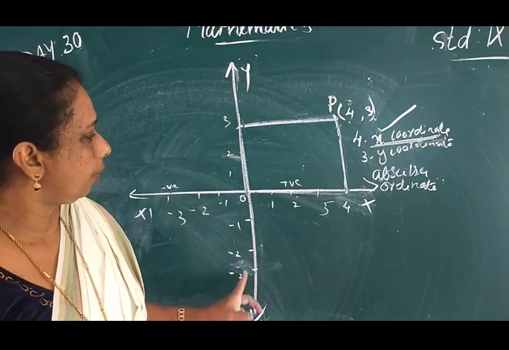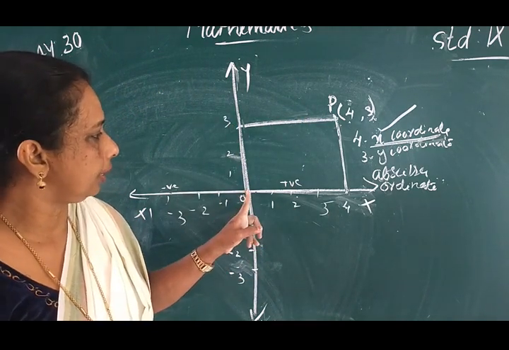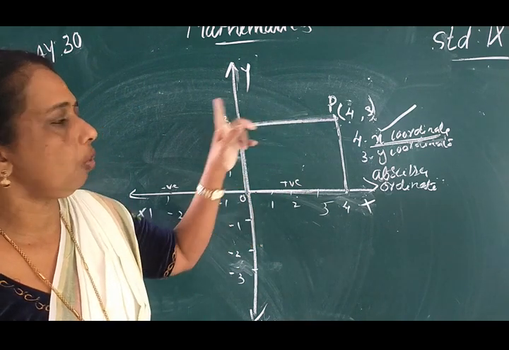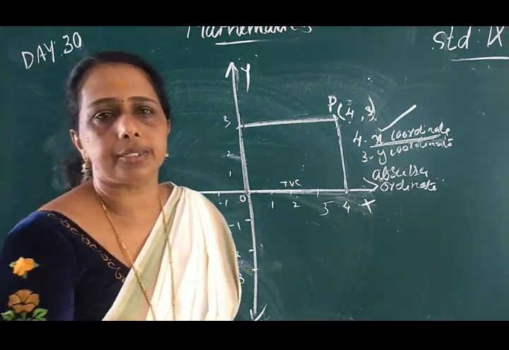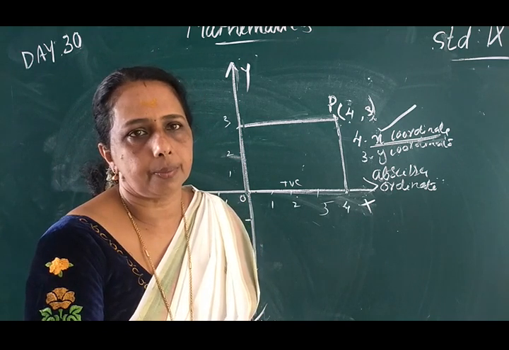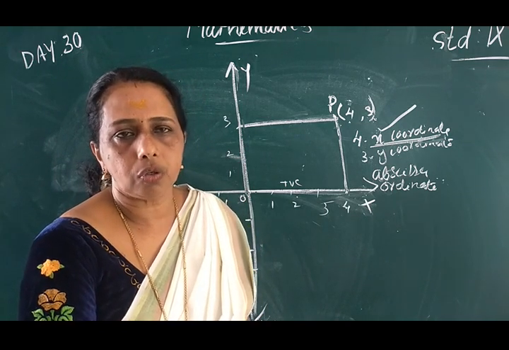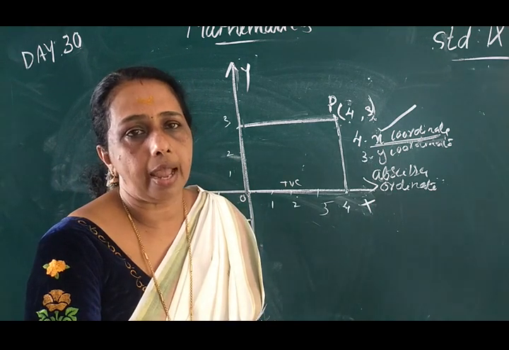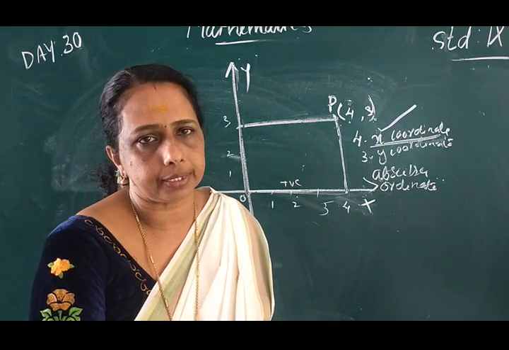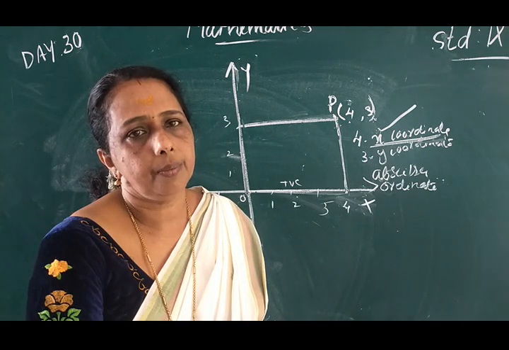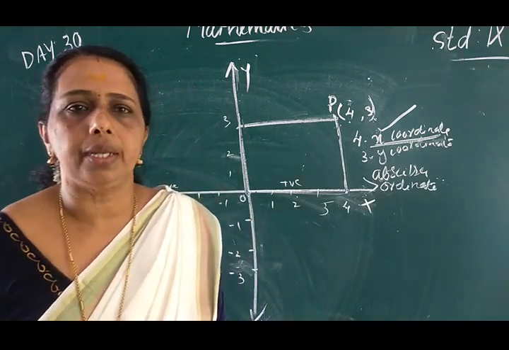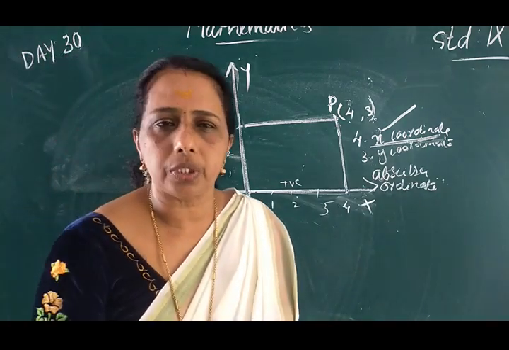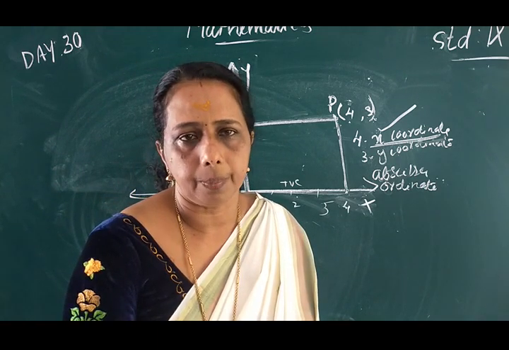When the x-axis and y-axis intersect at the origin, they form 4 parts, and each part is called a quadrant. There are 4 quadrants. In which direction do we take the quadrants? Anti-clockwise.